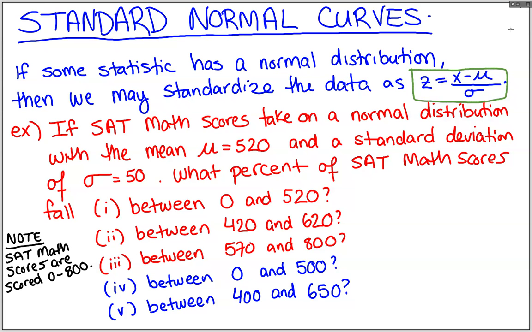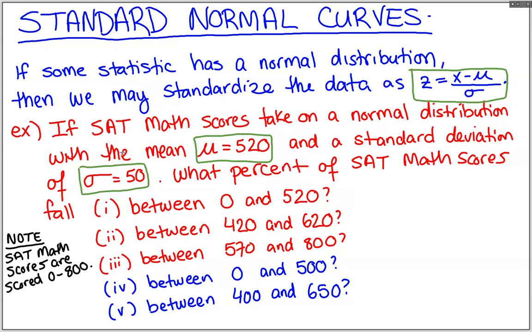The problem says if SAT math scores take on a normal distribution, so once you see that, you can assume the 68, 95, 99.7 rule, you can assume the symmetric property, and you can assume the bell-shaped curve. And its mean is mu equals 520. Mu is the Greek letter for mean in statistics, and a standard deviation of sigma equals 50.